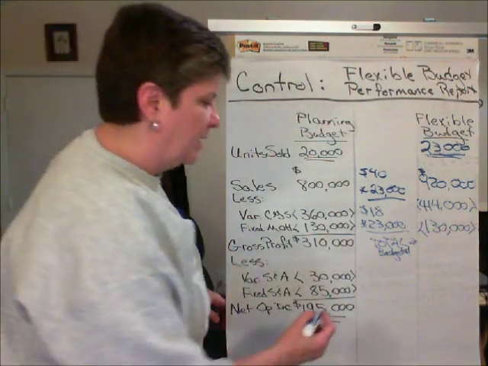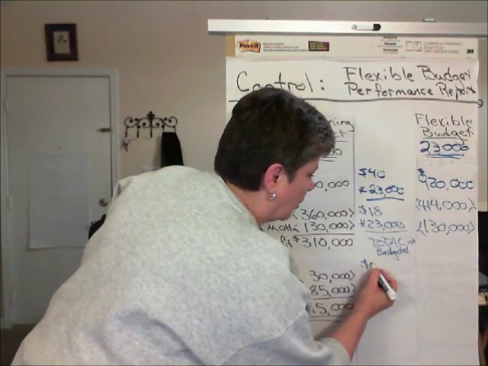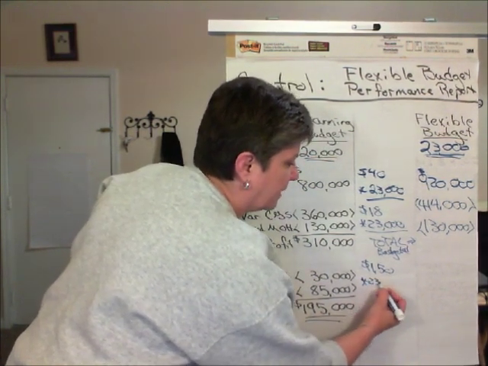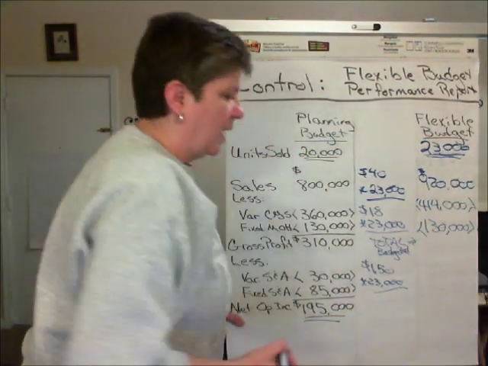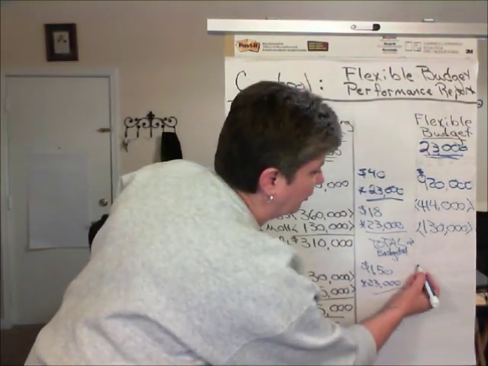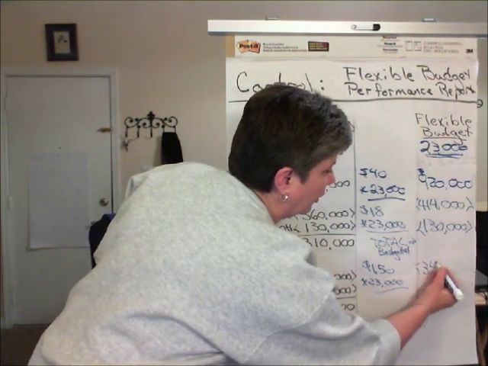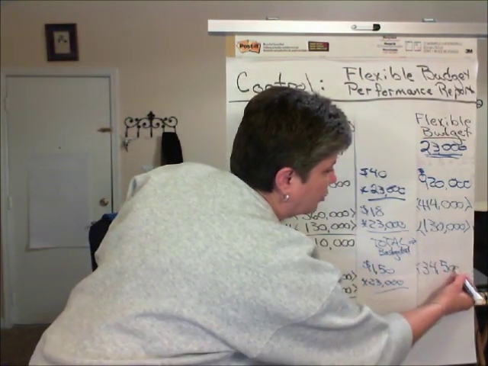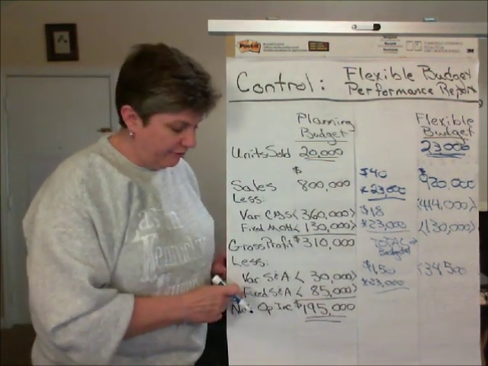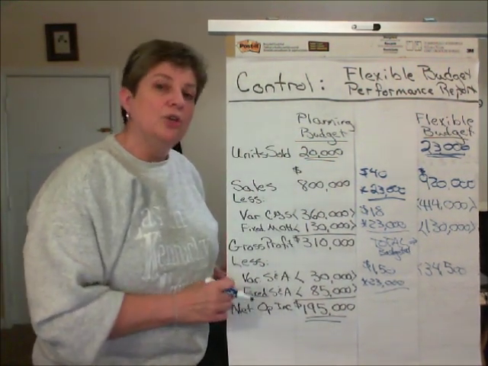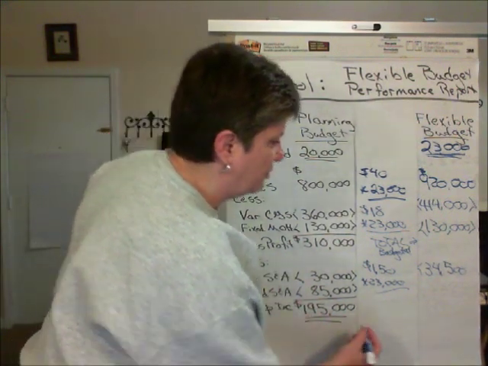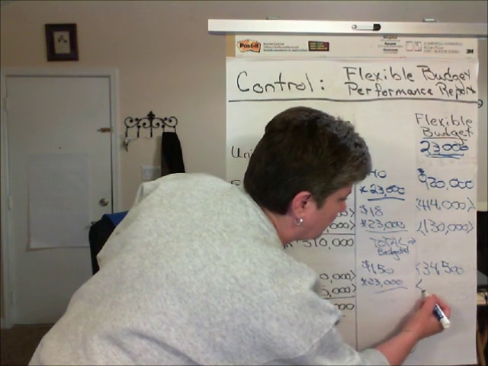Variable selling and administrative costs were budgeted at $1.50 per unit sold. So $1.50 times 23,000 is going to be a variable selling and administrative cost of $34,500. And like the fixed manufacturing overhead, our fixed selling and administrative should be at the total amount budgeted. So that should be $85,000.